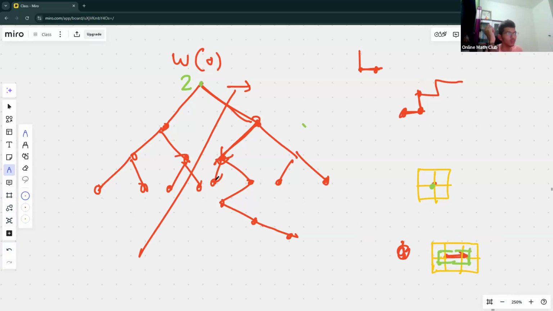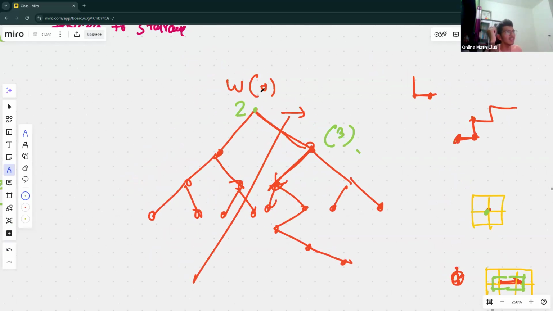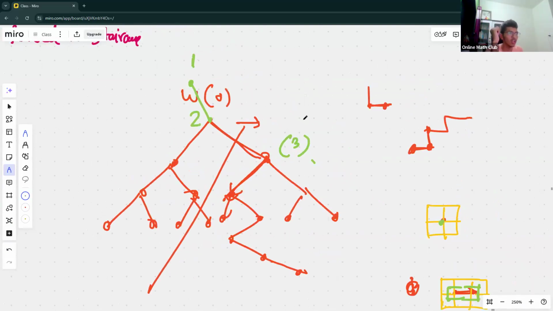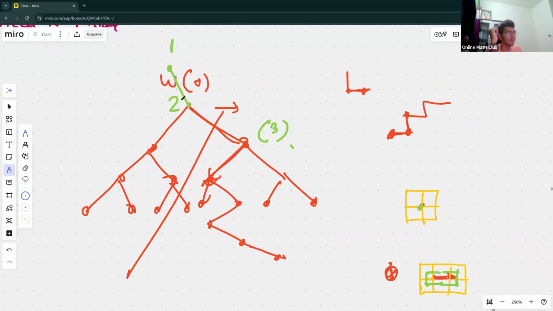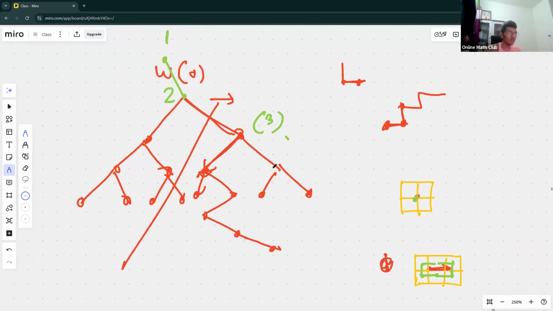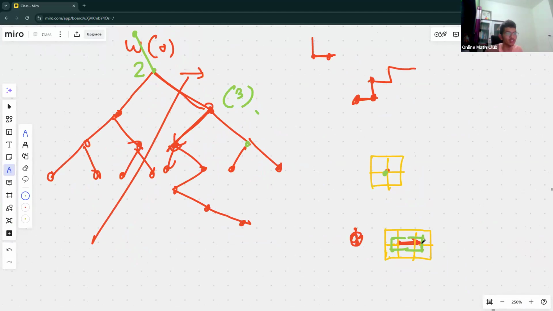So there are 3 ways to do it. So once you go right, you get 3 ways. And if you consider some vertex here named 1, then what we are actually doing is 1 plus 2 is 3. Okay, we will continue with what we are trying to achieve.